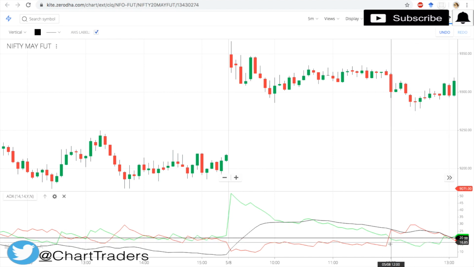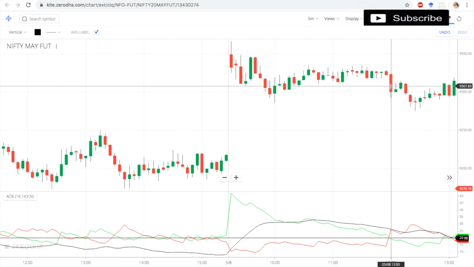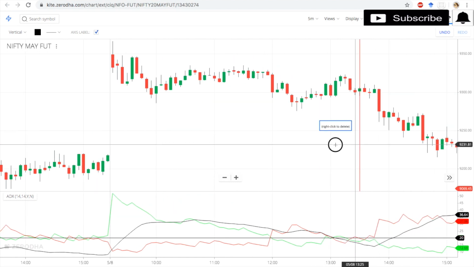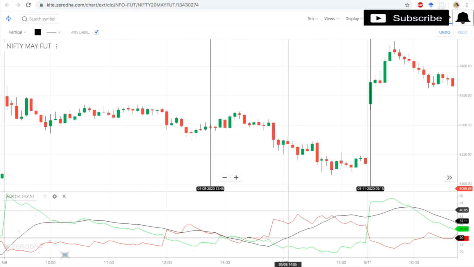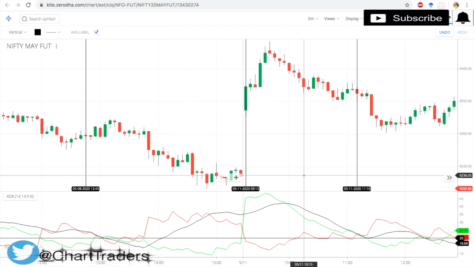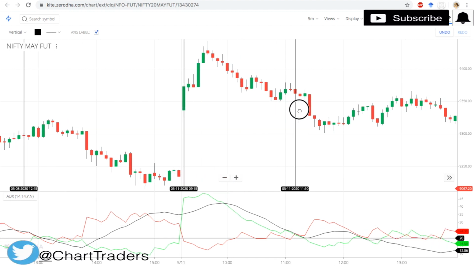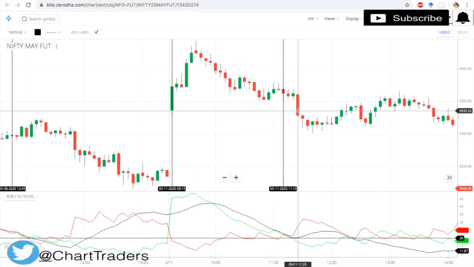Now here you can sell because ADX is above 25 and minus DI crosses above the plus DI, so we can sell at this point. These are consolidations, or you can say false signals. Now here you can buy. We have already discussed this. So this is the simple trading setup based on the ADX indicator.